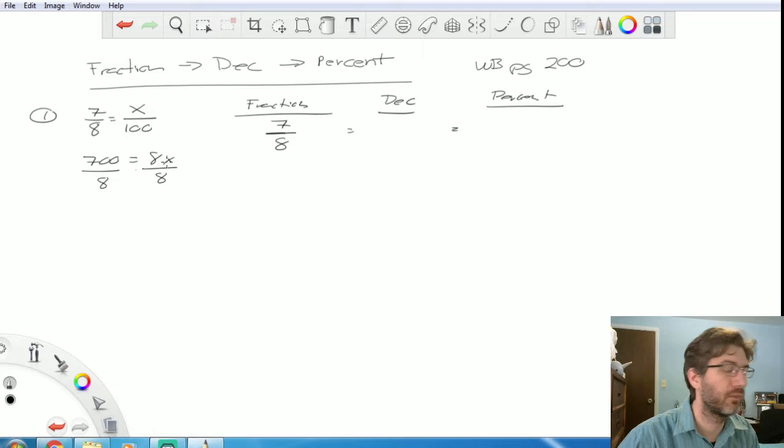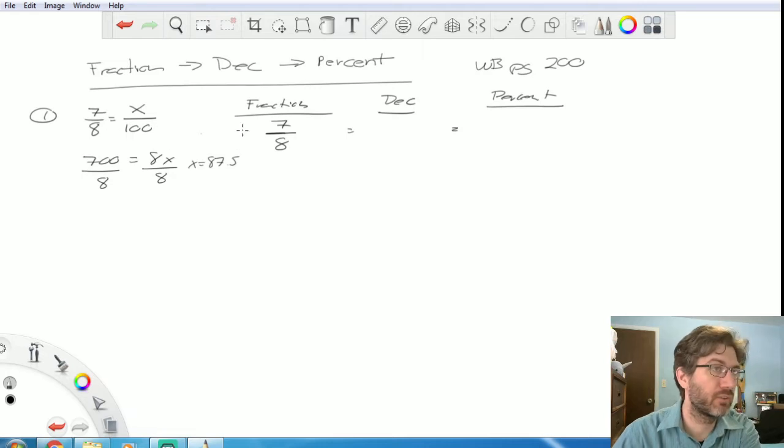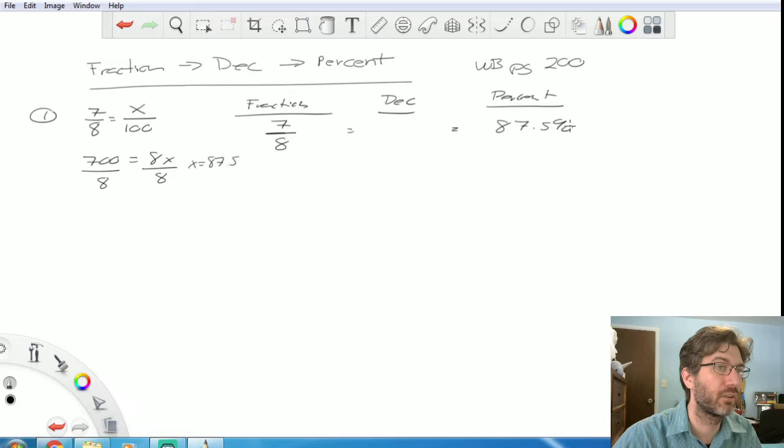Divide that by 8. 700 divided by 8 gives me 87.5. So x equals 87.5. This number here is your percent. It's already out of 100, so this gives you 87.5%.